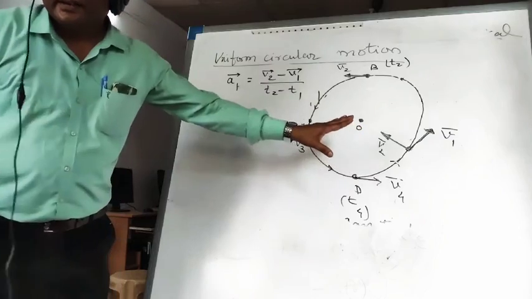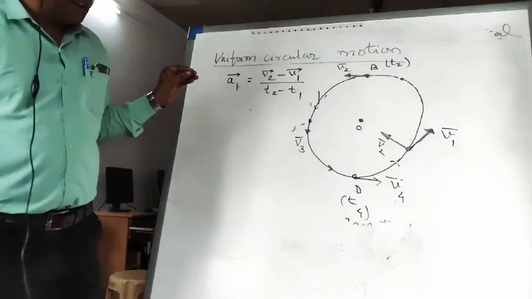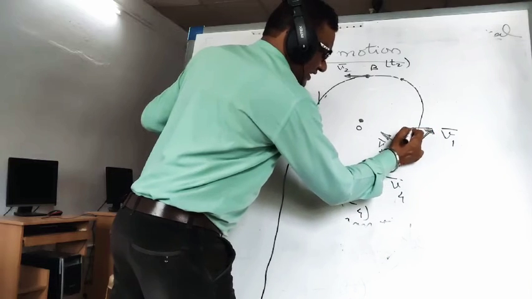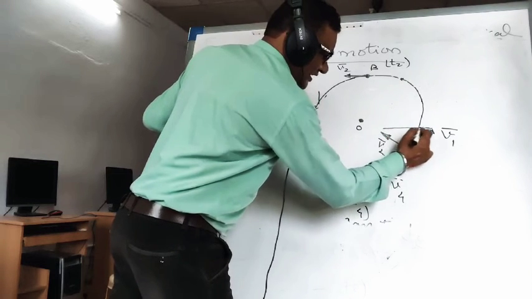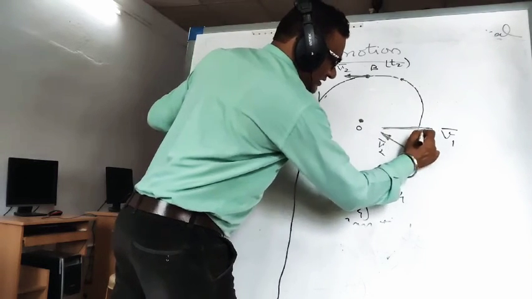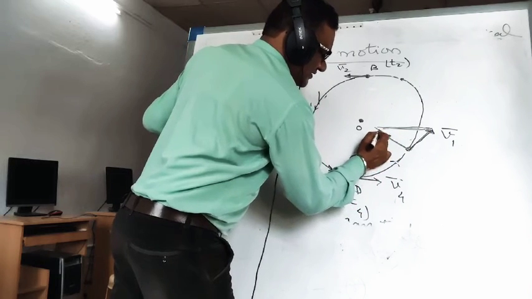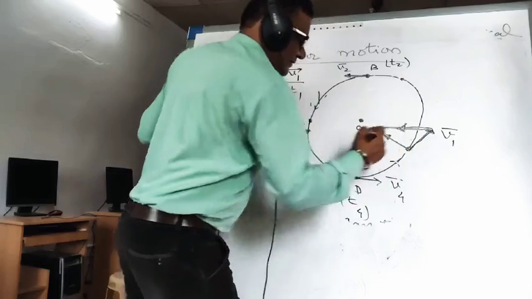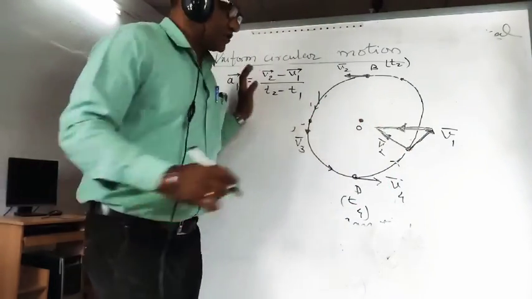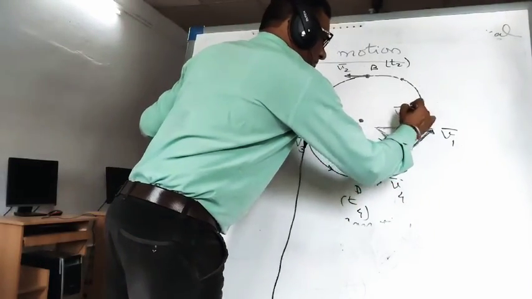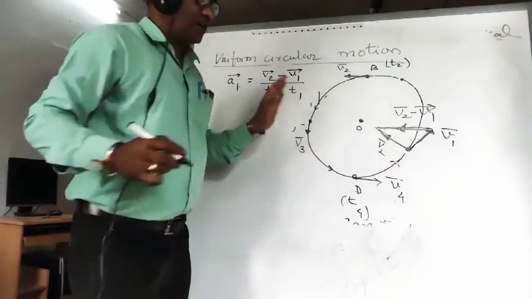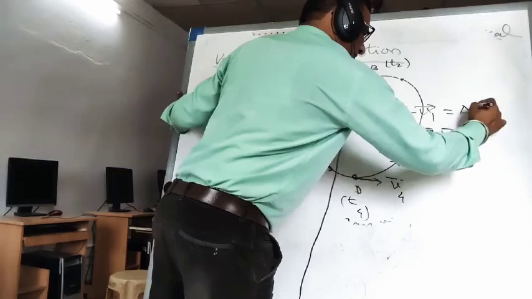Okay. Now, please look carefully. This vector indicates the change in velocity, which is called vector v2 bar minus v1 bar. Change in velocity is also represented as delta v.